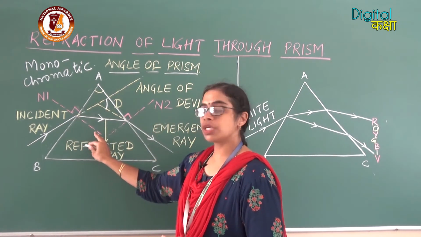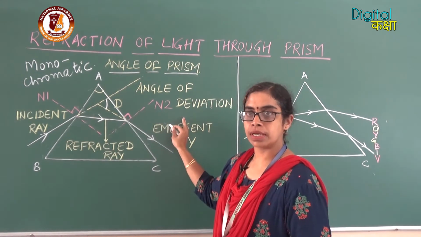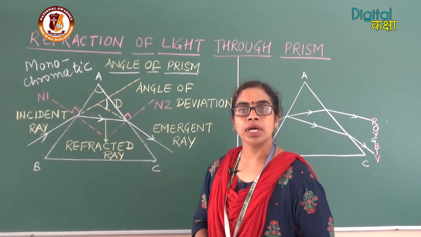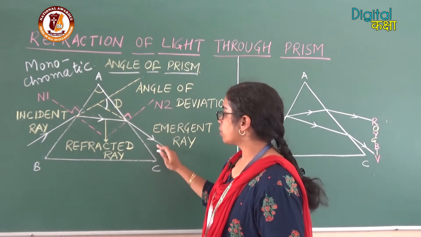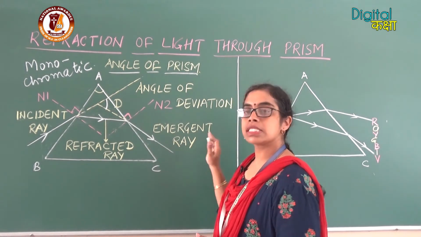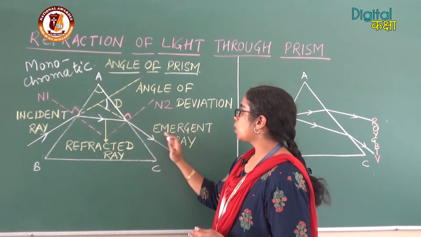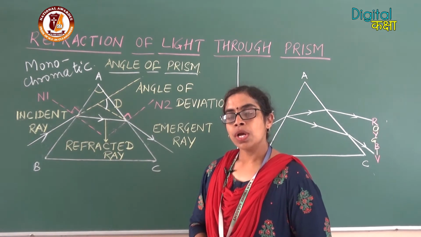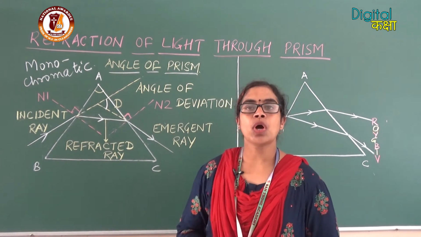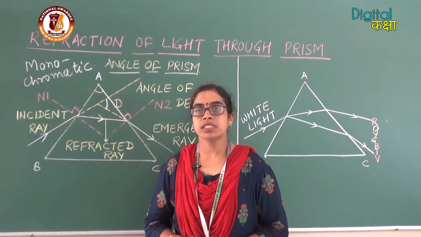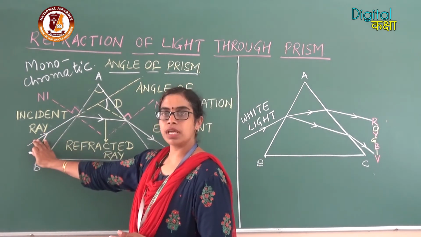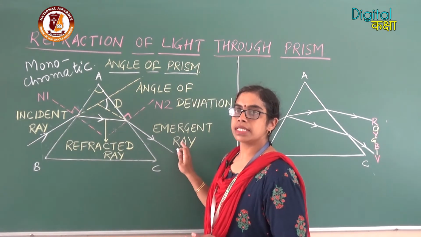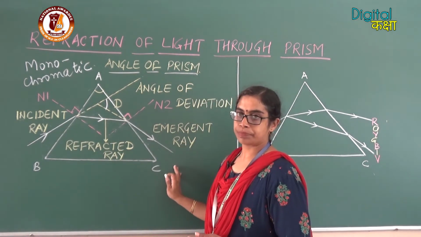Because of the propagation from denser to rarer medium, the light ray will bend away from the normal. This light ray, which is obtained back in the same medium, is called the emergent ray. So in this diagram, we have talked about three rays: the first is the incident ray, the second is the refracted ray, and the third is the emergent ray.